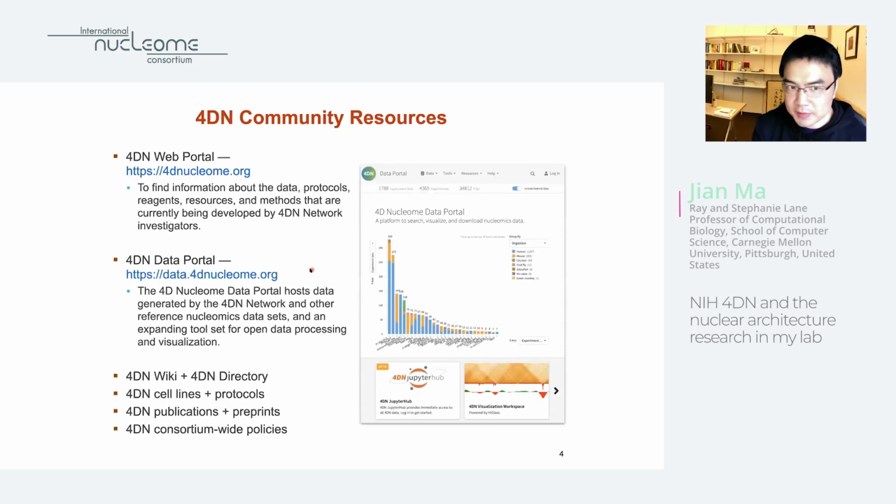And a lot of resources from the 4DN are actually public facing. Everybody around the world can have access to them. There's a web portal to disseminate information about data, protocols, and resources from the project. Very importantly, there's a data portal that is organized by the Data Coordination Center. It hosts most of the data, all the data from the 4D Nucleome network.